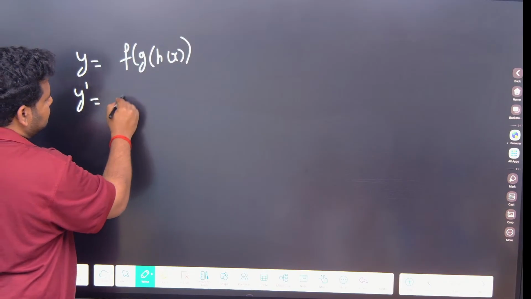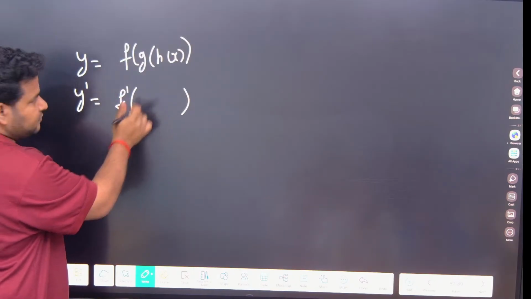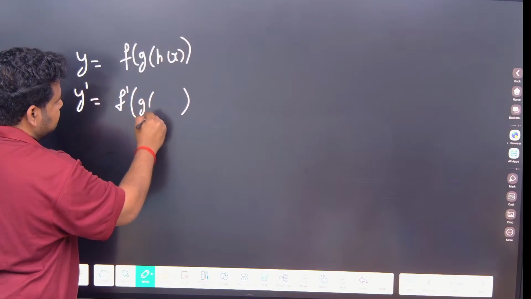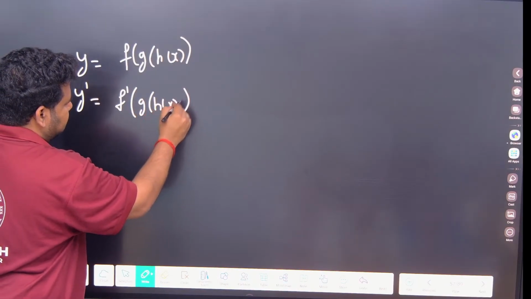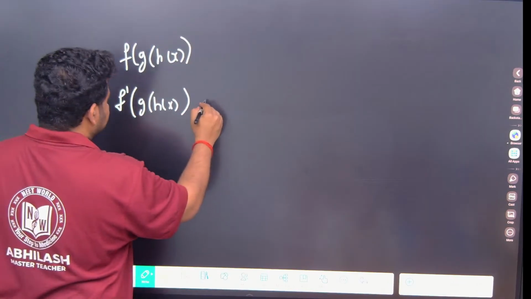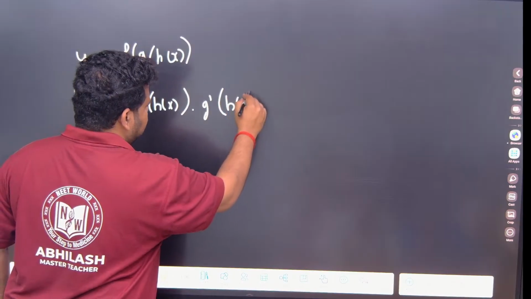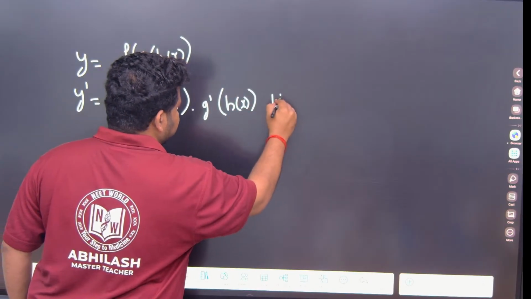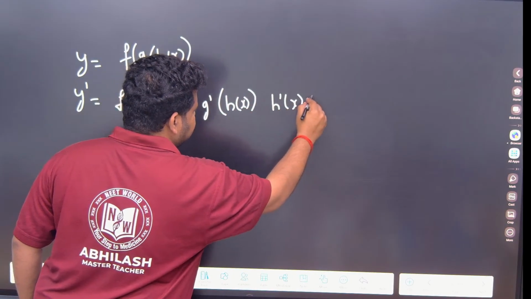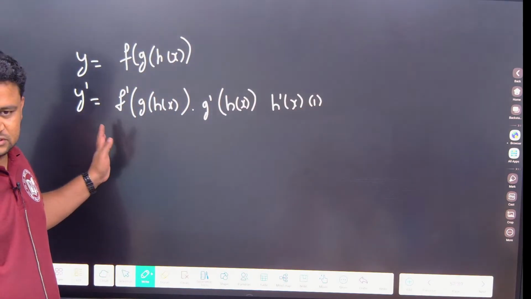First you write f dash of g of h of x, whatever is inside, write it as it is. Next step, multiplication: g dash of h of x into h dash of x, and the derivative of x is 1. This is the chain rule which you already know.